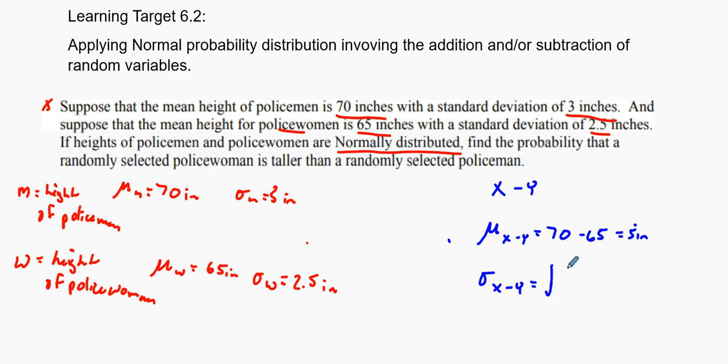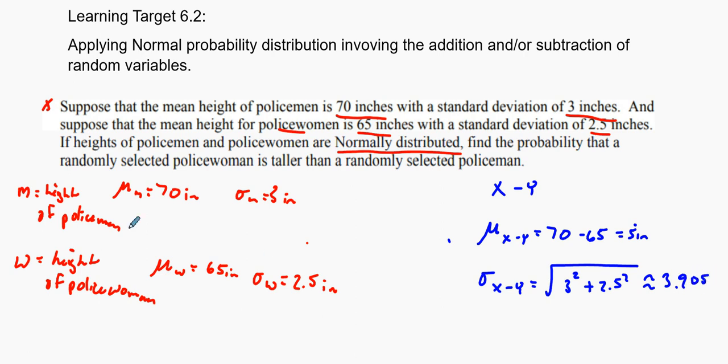We would take the variance and add it to the other variance. So you would have the square root of 3 squared, which is 9, plus 2.5 squared, and you would have approximately 3.905 inches.